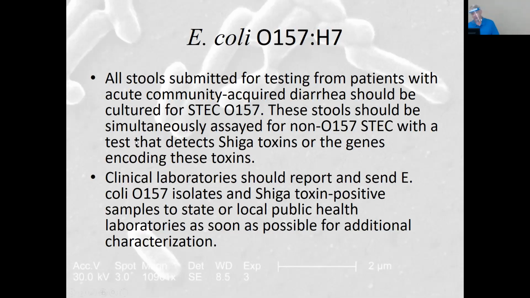The clinical lab should report and send that E. coli O157 isolate and the Shiga toxin positive samples to state and local public health labs as soon as possible. Because they're going to want to type it, see which one it is, and they'll do that genetically.